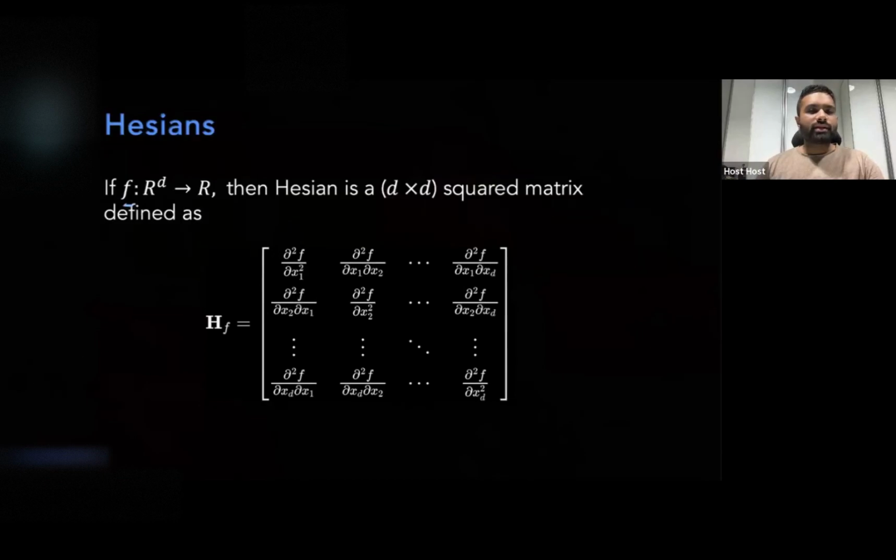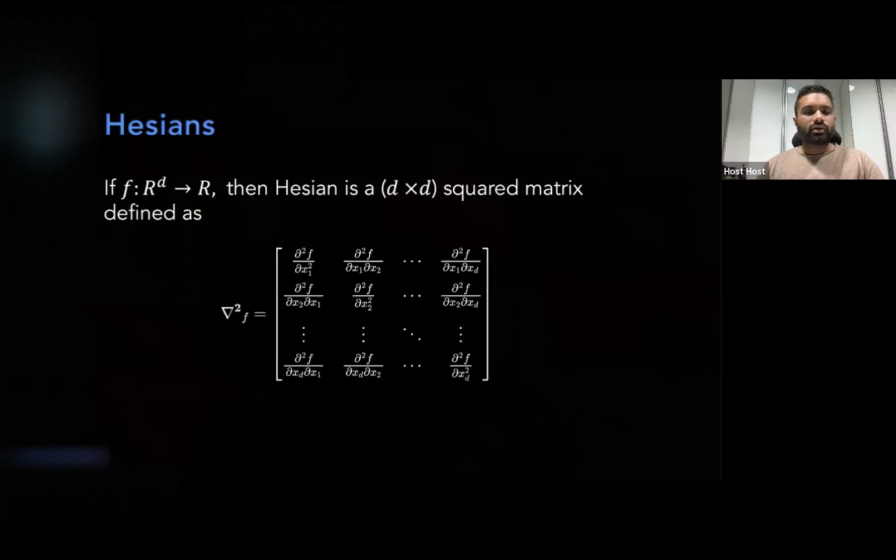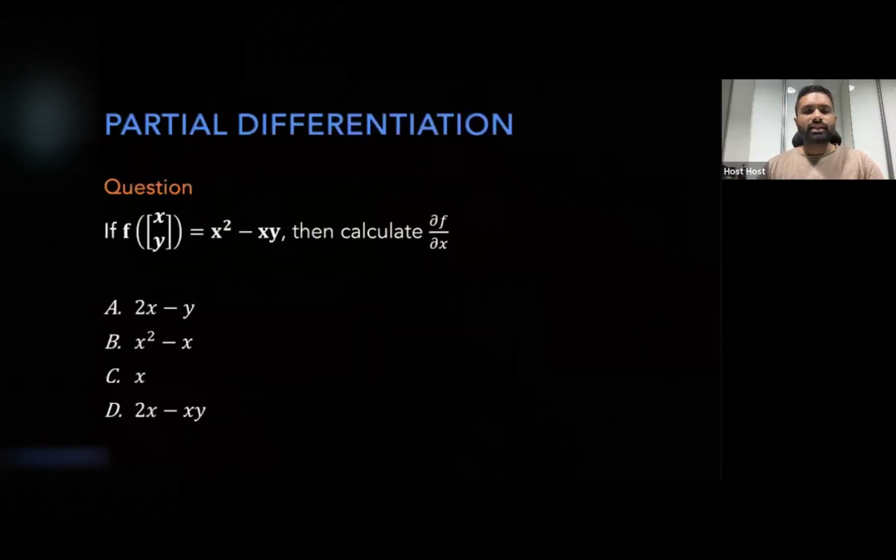This particular matrix is called the Hessian matrix. Notation-wise, this can also be referred to as grad square. Why grad square will become very clear soon, but first, let's see through examples how we can calculate Hessians.